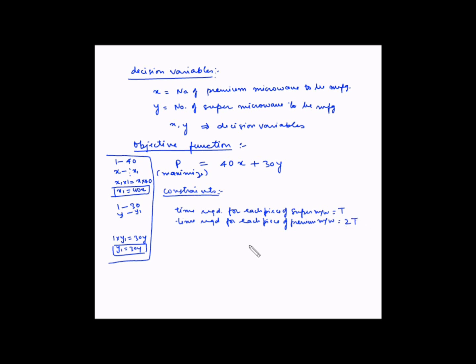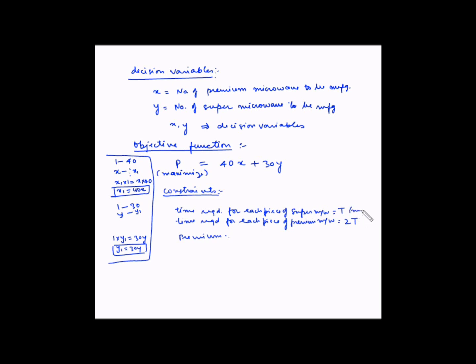Now this time is in terms of each piece of super and premium microwave, and we have already considered X and Y as the number of premium and super microwaves to be manufactured. So let's find out how much is the total time required for premium and super microwaves to be manufactured. So for premium microwave, each piece requires 2T minutes of time.